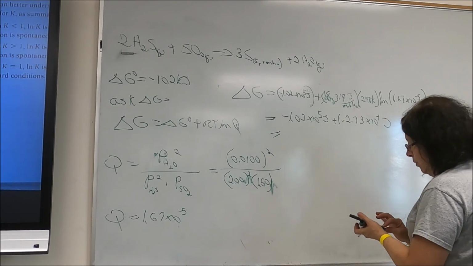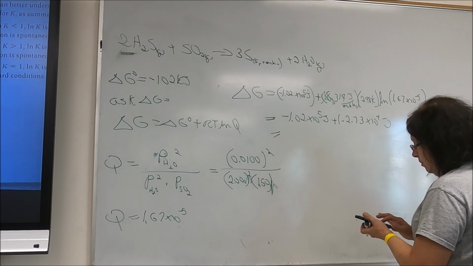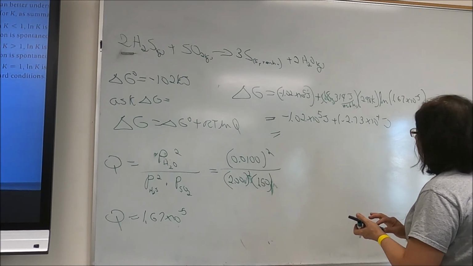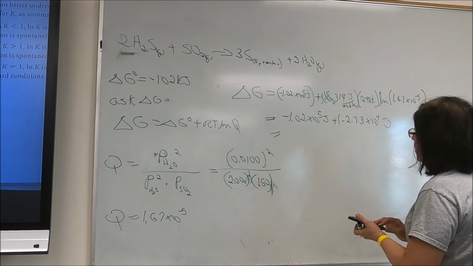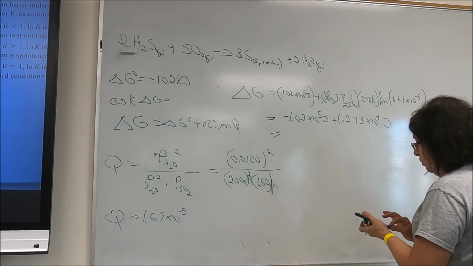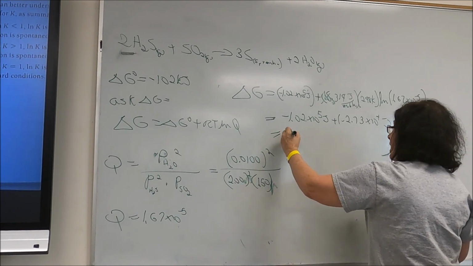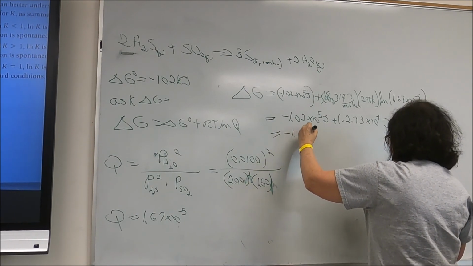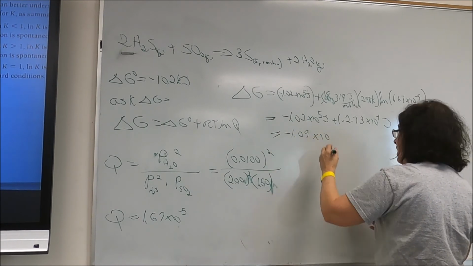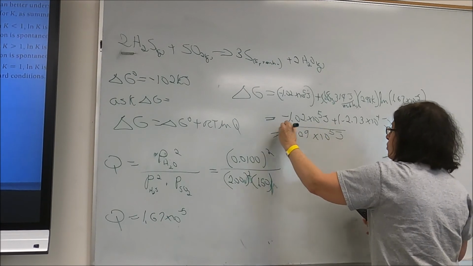So I get a minus 1.29 times 10 to the 5 joules.